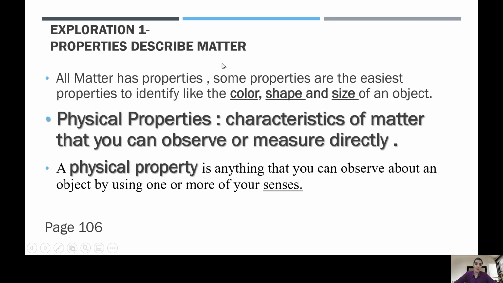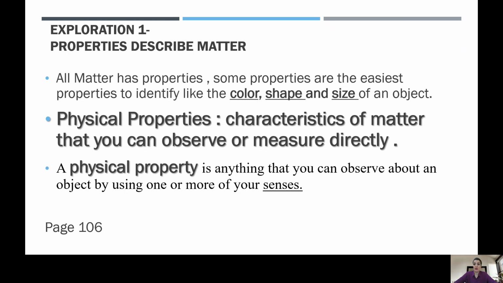What is meant by a physical property is a characteristic of matter that can be observed or measured directly without changing anything. So if you look at my book, you will be able to identify the color of my book, the shape of my book, and the size of my book.